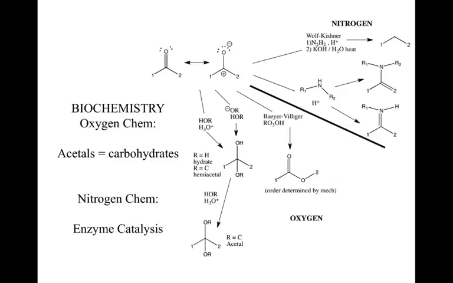These become important if you're moving into biochemistry. The oxygen chemistry, we're really driving in at acetals. Acetals are the organic chemist's way of referencing carbohydrates. The nitrogen chemistry often pops up in biochem when you're looking at enzyme catalysis.